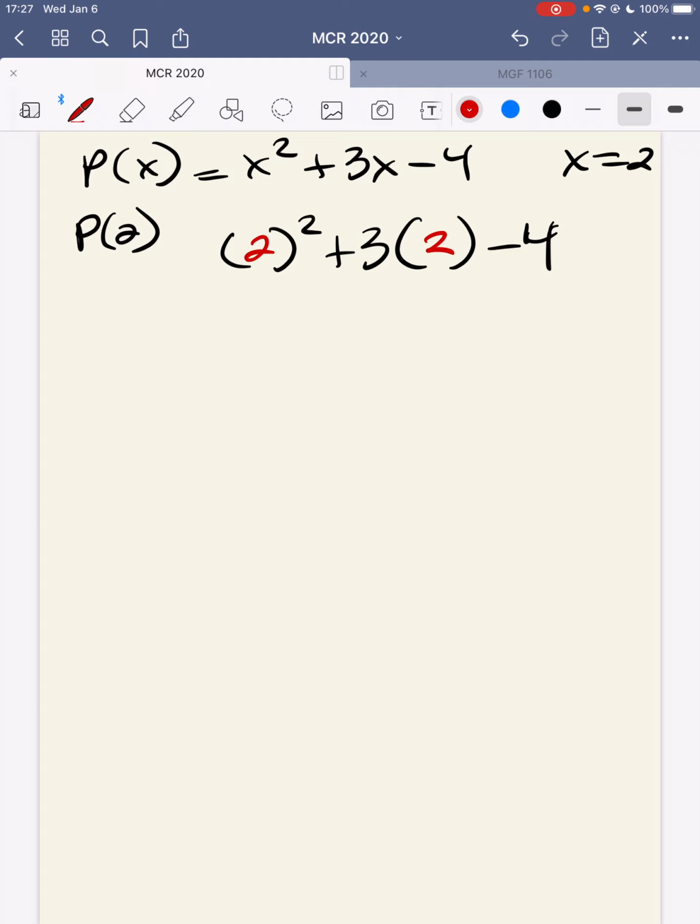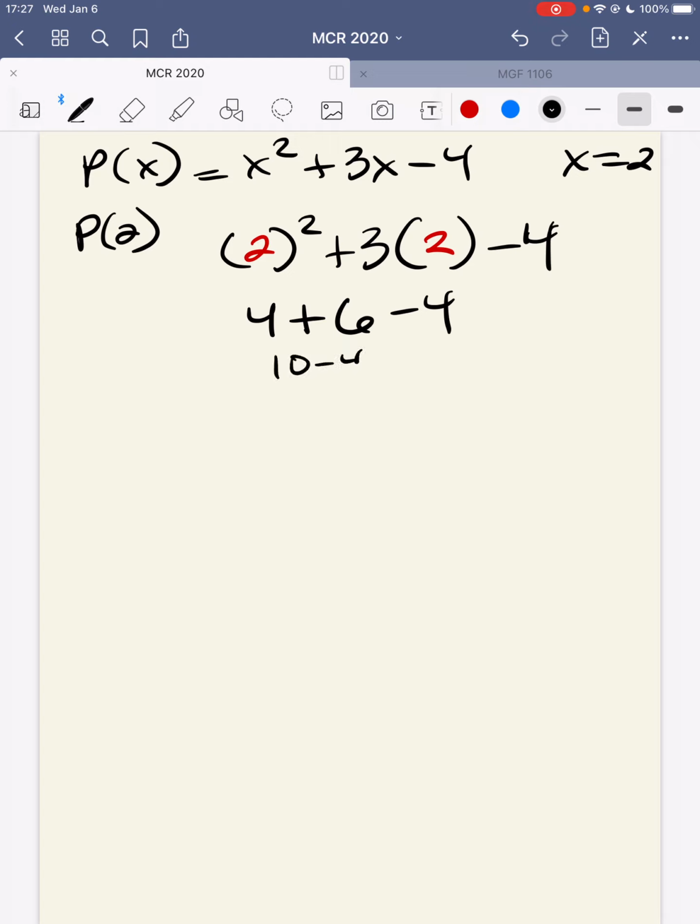Order of operations says I have to do exponents first. So I have 2 squared is 4, plus 3 times 2, which is 6, and minus 4. If I continue to follow order of operations, I go ahead and perform addition and subtraction from left to right.